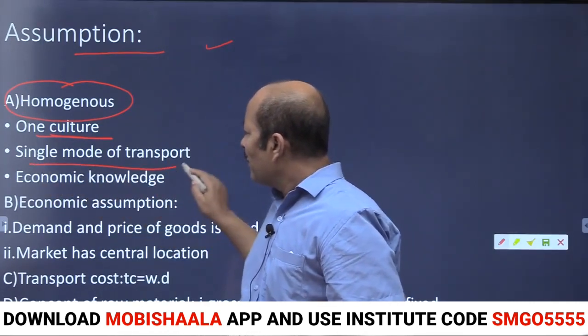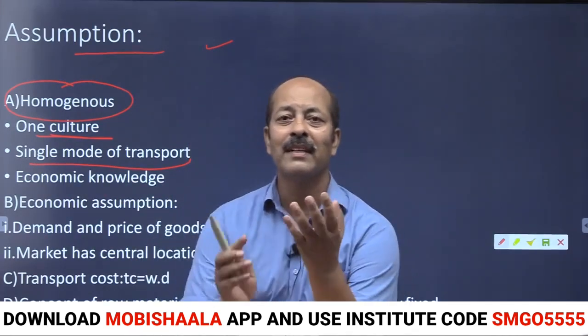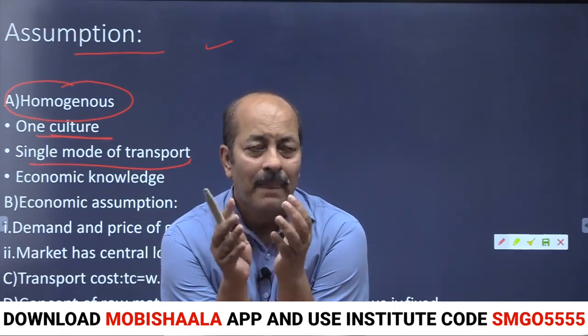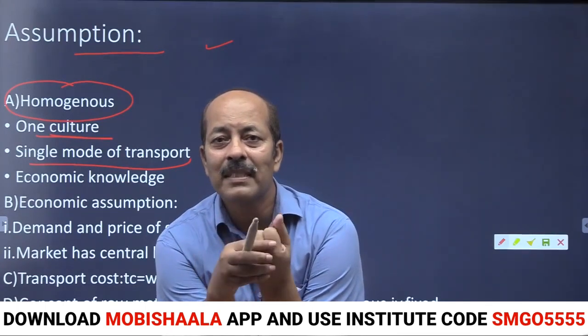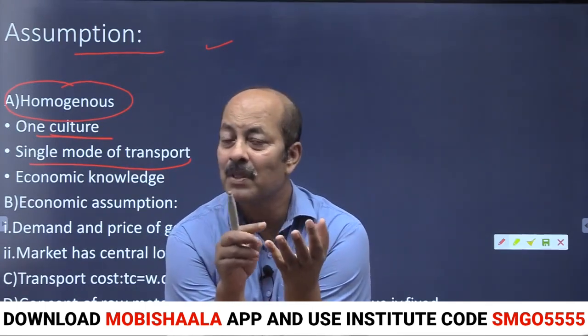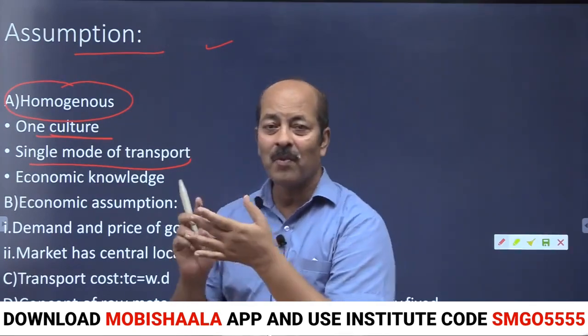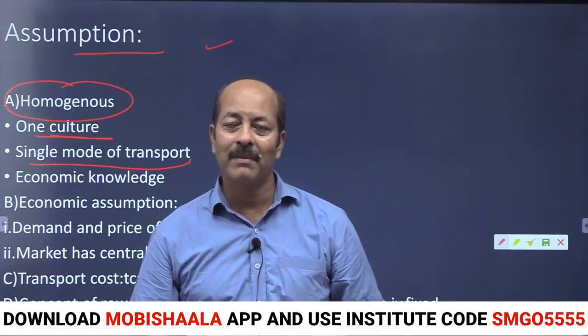The next thing is one type of single mode of transport. So these four things are the homogeneous things. It means Weber emphasized there must be homogeneity in four aspects. The first is topography and climate. The second is means of transport, one culture, one political system. I think you may have written.